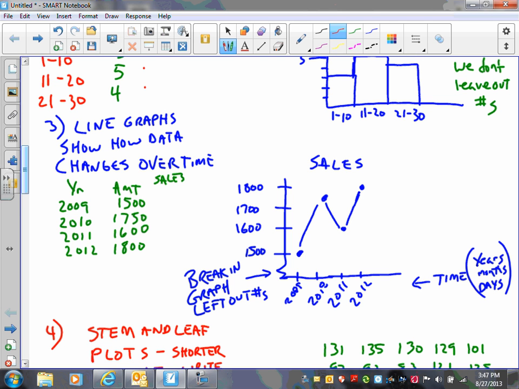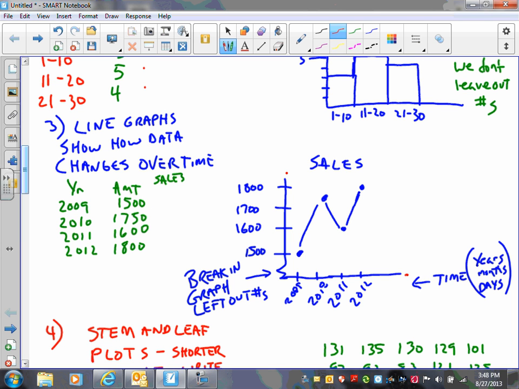We draw a graph. The time, whether it's years, months, dates, whatever, goes on the horizontal scale. The amount goes on the vertical scale.